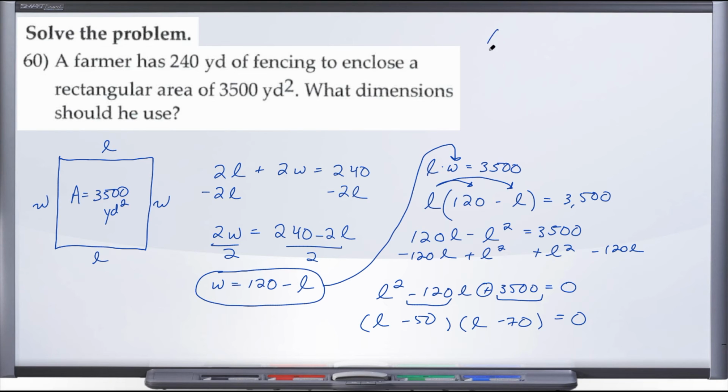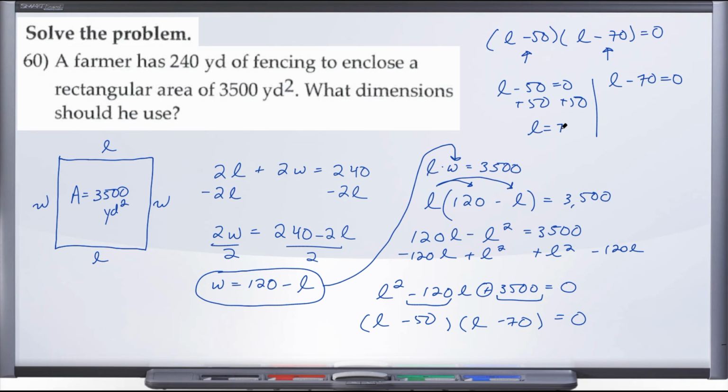So we have L minus 50, L minus 70 equals 0. We'll set each of these factors now independently equal to 0 and solve. So if we add 50 to both sides, we know that L equals 50.